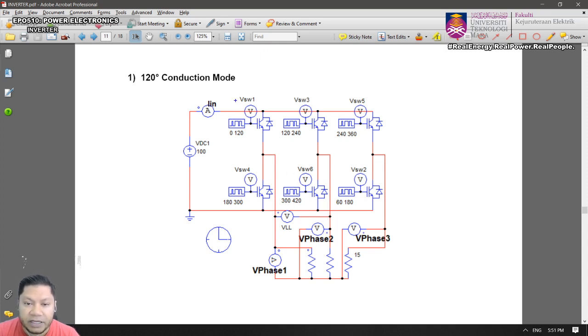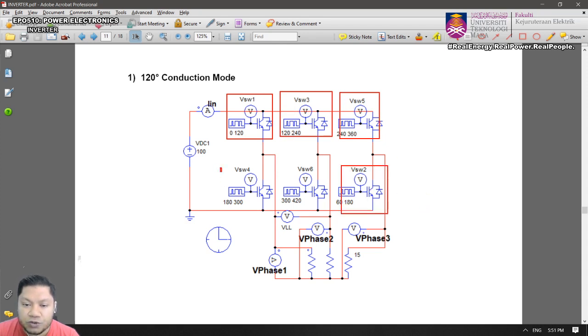I hope by now everybody has memorized the sequence of the labeling of the switches: switch 1, switch 3, switch 5, and the bottom group you have switch 2, switch 4, switch 6, right? So always label the device in that arrangement: S1, S3, S5, S2, S4, S6.